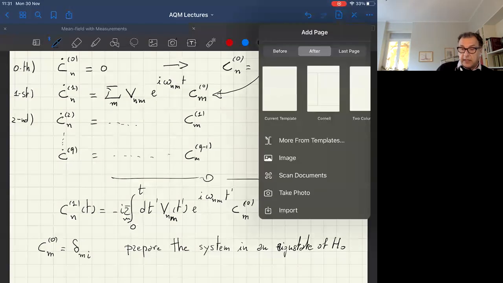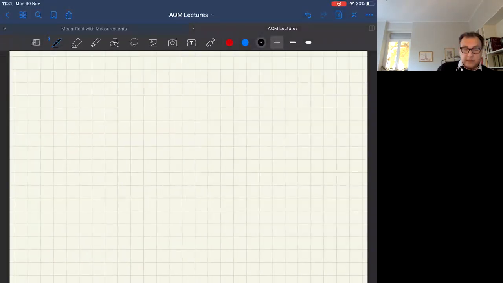Well, you just apply this formula and it is immediate. You just get C1 of n is equal to minus I integral between 0 and t of dt prime V n i e to the I omega n i t prime. That's it.